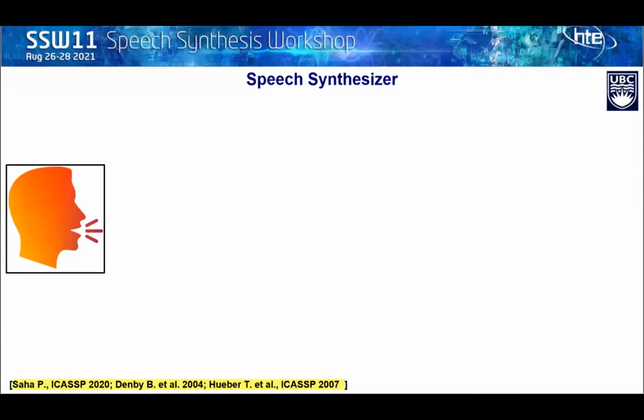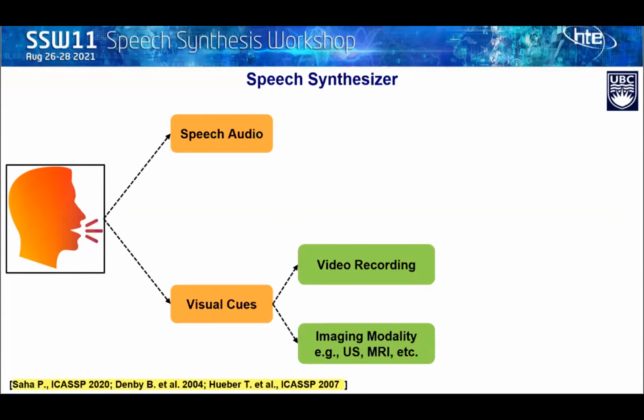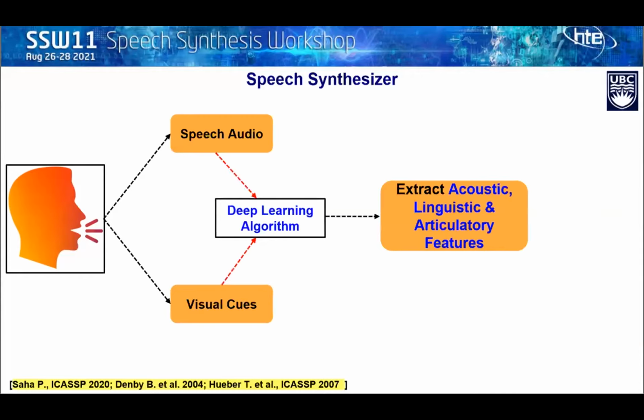The existing state-of-the-art speech synthesis models record human voice directly or use various visual cues such as video recording and imaging modality to capture the articulatory movements such as lip and jaw position, shape of the tongue, etc. And then using a deep learning-based algorithm, these models extract several acoustic, linguistic, and articulatory features from the recorded information.